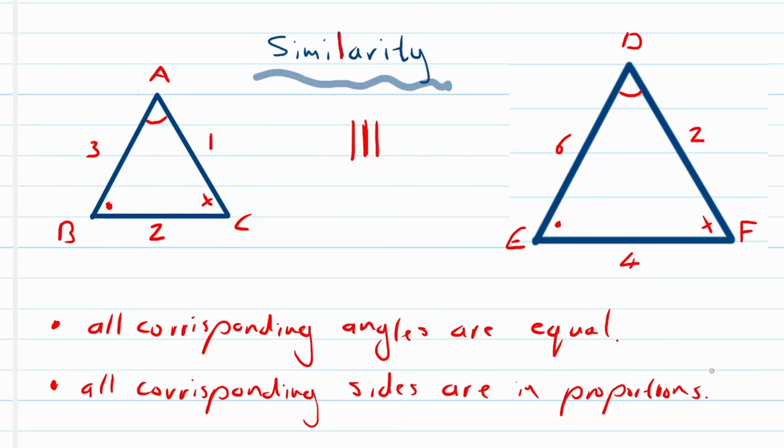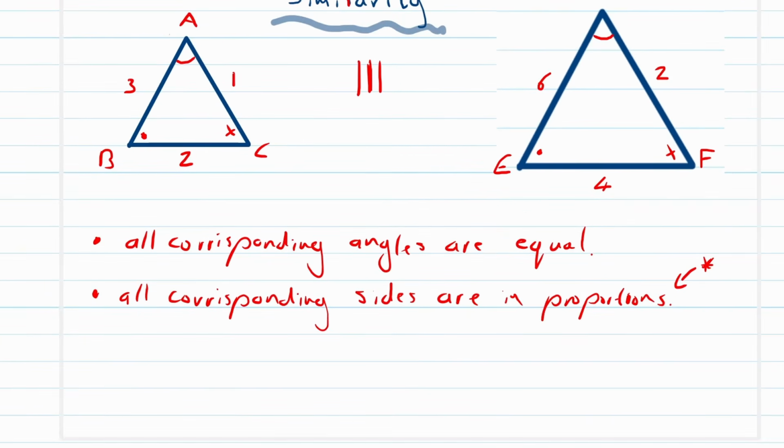This is a big word. I'm not sure if everybody knows what this means. Let me just explain briefly. If you look at this triangle, I would say side AB over side BC should be equal to side DE over EF.